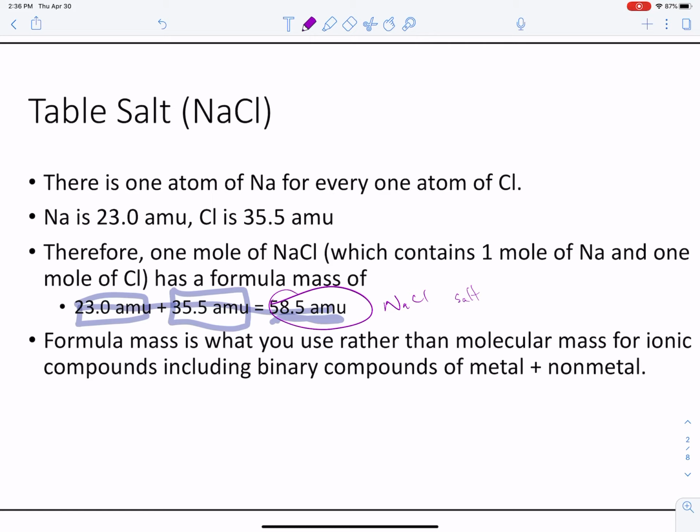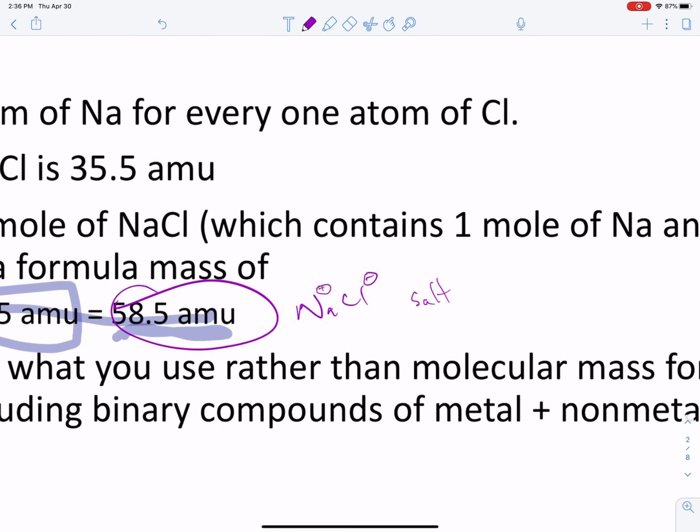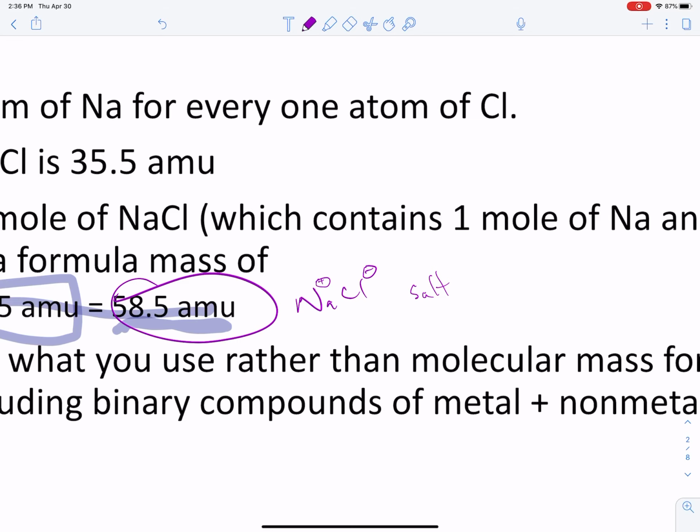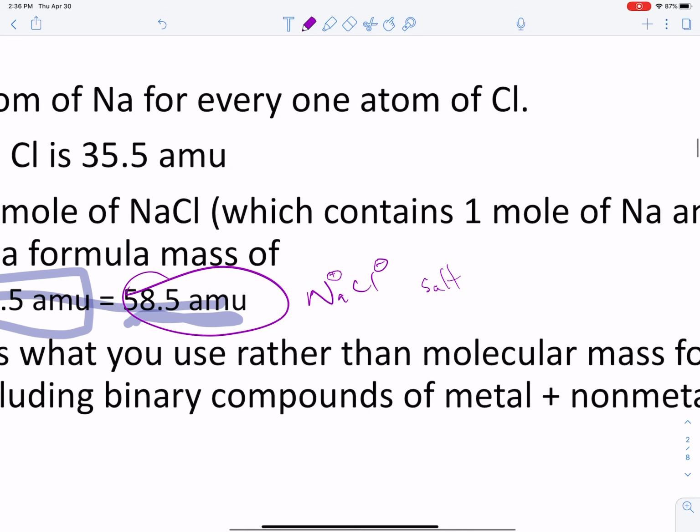Remember, though, what happens is that chlorine steals that sodium's 1 electron, and now we've got a chlorine that's negatively charged, and we've got a sodium that's positively charged for this table salt.